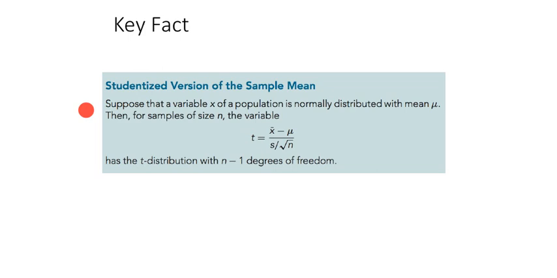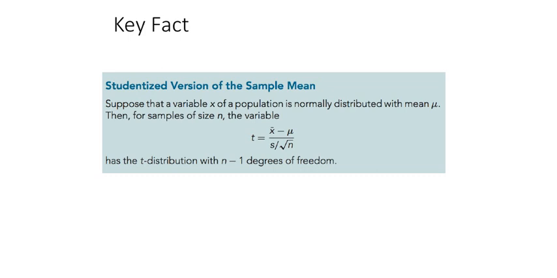Then for samples of size n, the T value is going to be equal to the sample mean minus the population mean, divided by the sample standard deviation divided by the square root of n. And it has a T distribution with n minus 1 degrees of freedom.